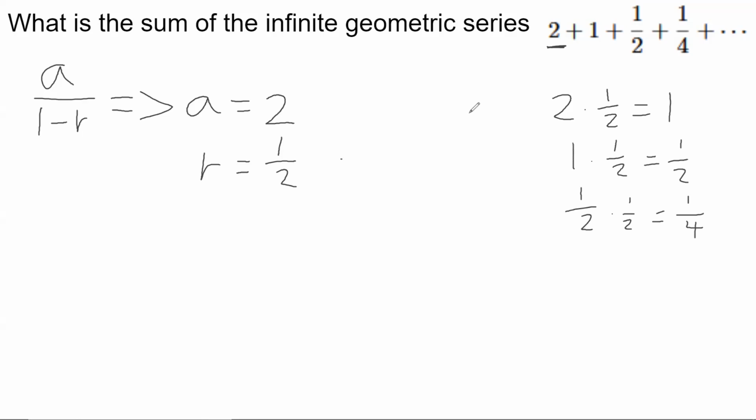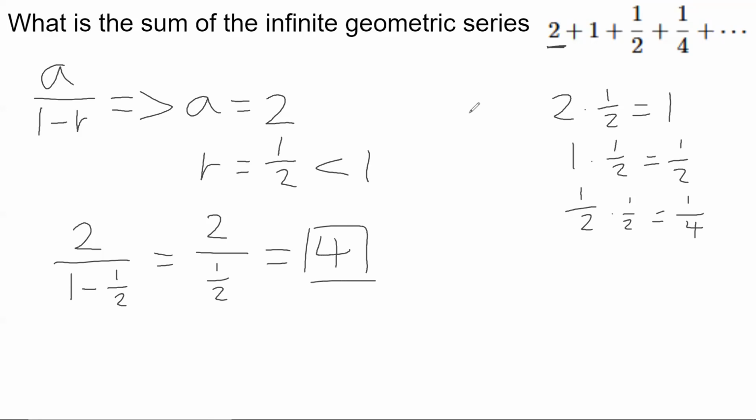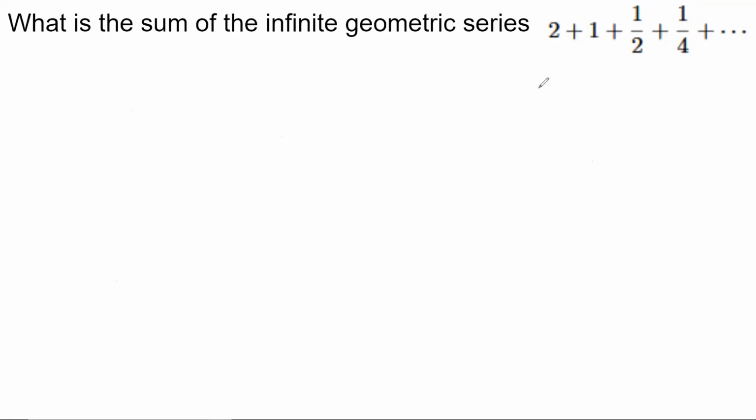And 1/2 is definitely less than 1, so we know that it's possible to find the sum of this. And so if we plug everything into our formula, then we get 2 divided by 1 minus 1/2, which is equal to 2 divided by 1/2, which is equal to 4. And the answer here is 4.